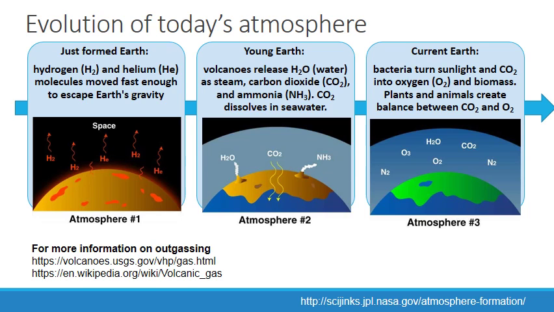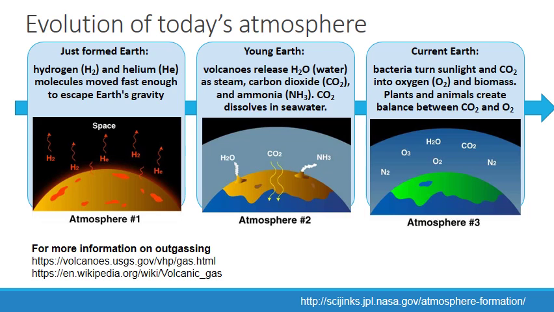The Earth and its atmosphere were extremely hot. So the molecules of hydrogen and helium, because of the high temperature, were moving extremely fast, so fast that they eventually all escaped Earth's gravity and drifted into space.